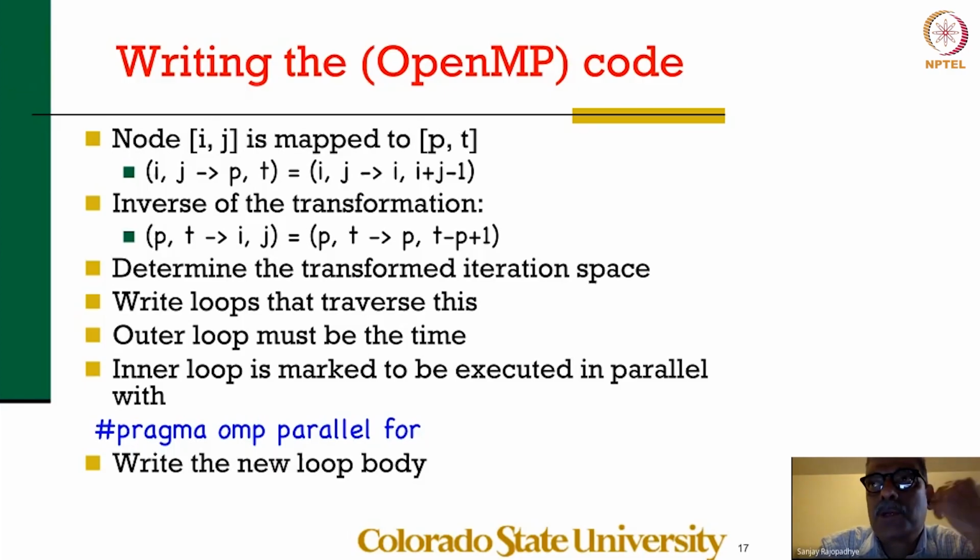What is the first component p? What function of ij is it? P equals i, right? So can you express that as a linear combination of i and j? 1, 0. So the first row of my transformation is 1, 0. The second row is what? It's an affine combination, so there's a constant.